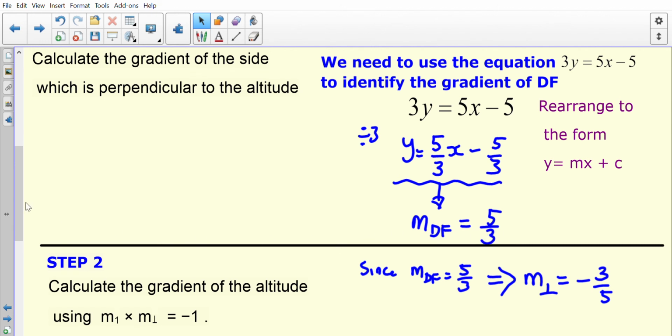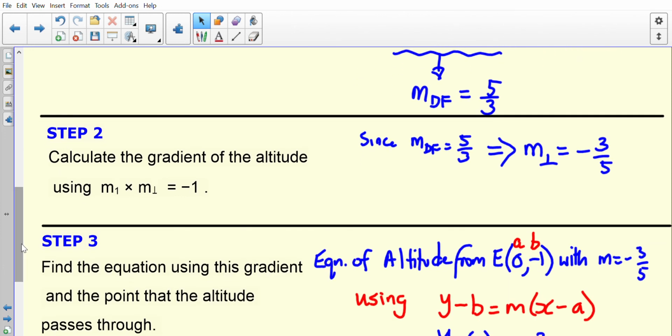Next you need to explain where you're going. You need to make sure that if you're calculating the gradient of the altitude, you write some kind of statement as to why you're doing it. In other words, you're multiplying the two gradients together to give you -1. So the reason that you're doing what you're doing is because you have that bit of knowledge. So DF is 5/3. The perpendicular line to that is going to be negative 3/5.